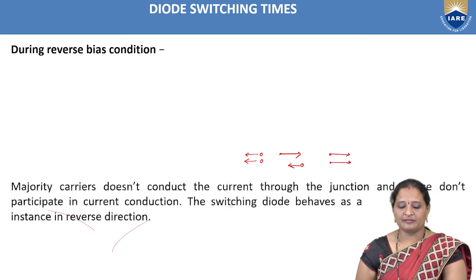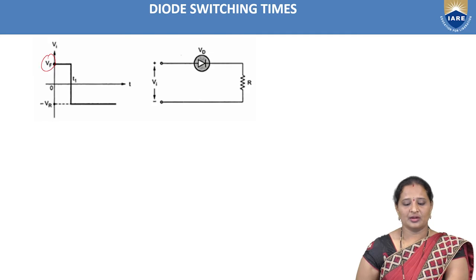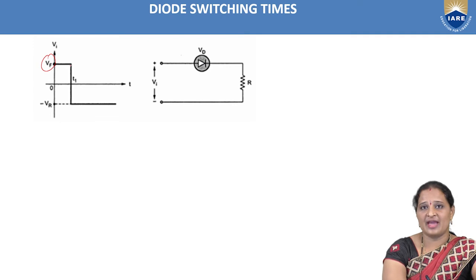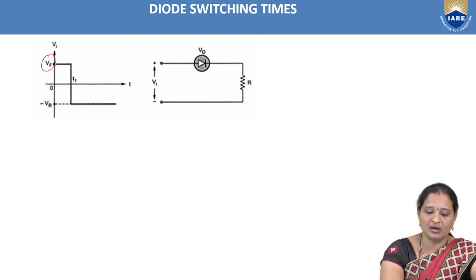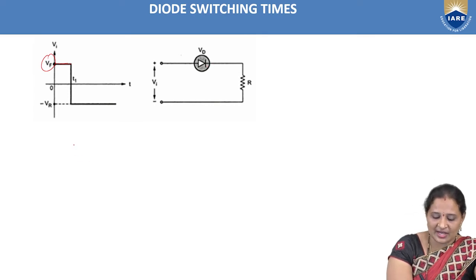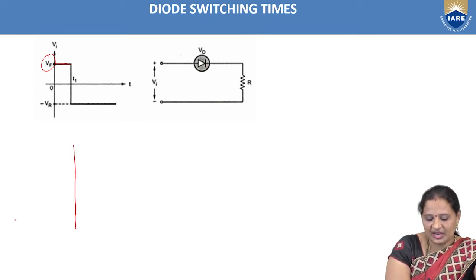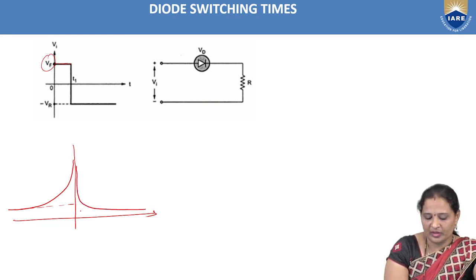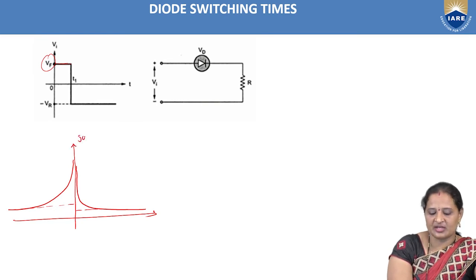So what is happening under forward bias condition, that means during this period, the diode is forward biased. In that case, we have this carrier concentration near the junction. This is P type and this is N type.